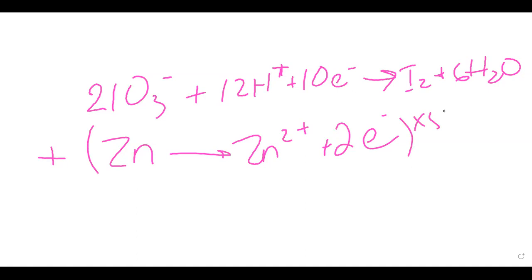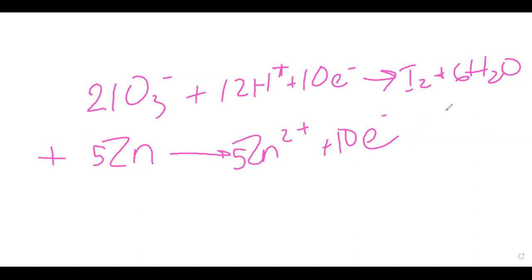Exactly. So you multiply the equation below by 5. So what will you get? 5Zn. Give this 5Zn2. And this is going to end up becoming 10. Good job. So you will go ahead and multiply the equation at the bottom by 5.